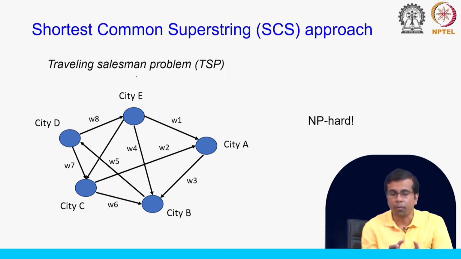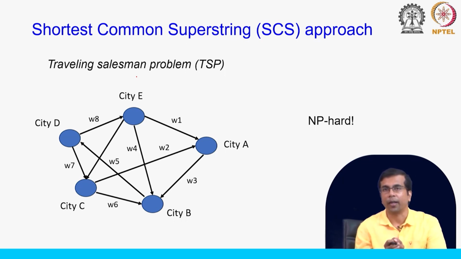For a small number of cities, or a small number of reads, we can still solve it within a reasonable amount of time, but as we add more nodes, the time increases very quickly. You can imagine that in our case, with millions or billions of reads, this is going to take a long time.